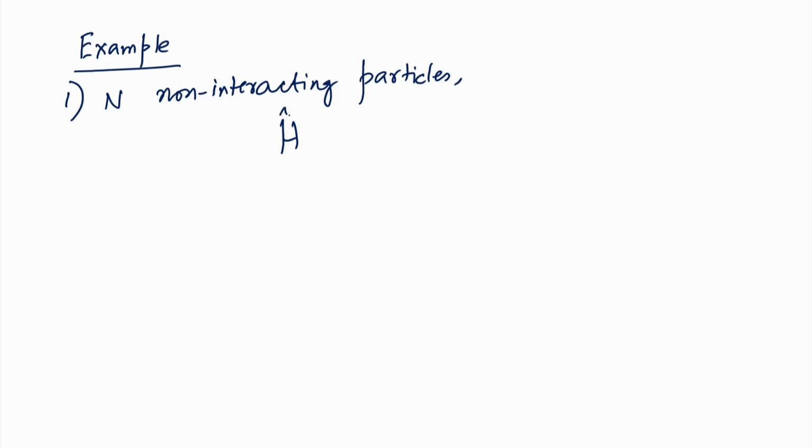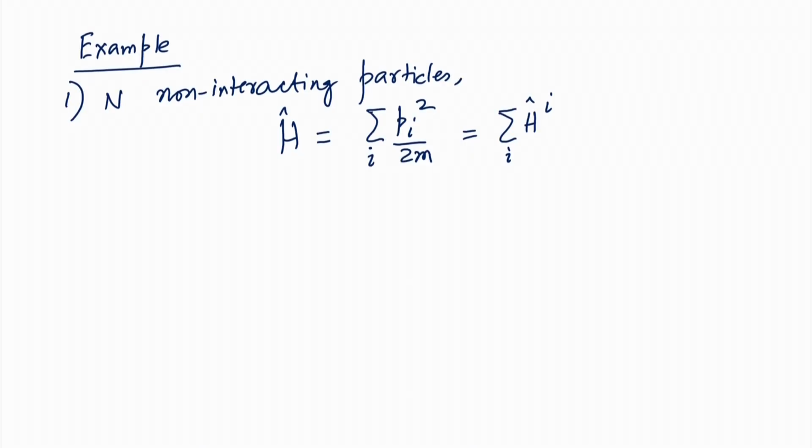Now, the Hamiltonian for a many particle system, even though they are non-interacting, will be a summation over i of p_i squared over 2m. So, that i is actually the index for each particle. So, this is equal to a summation over i of h_i, where h_i corresponds to a single particle Hamiltonian written for particle i.